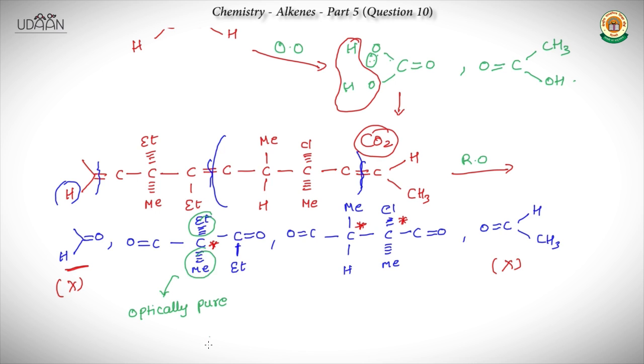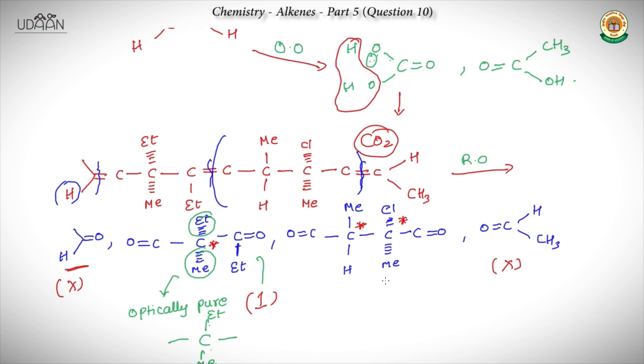For example, if you are given it like this, then it shows that these are not fixed and they can be changed, so an enantiomer is possible. So from this compound, instead of two, only one compound is formed.